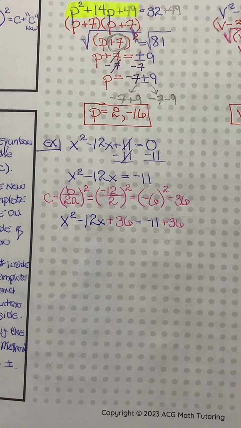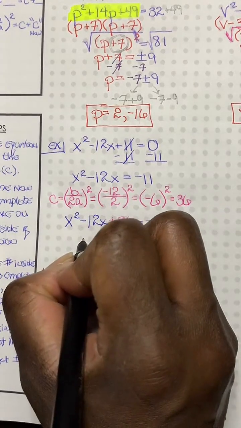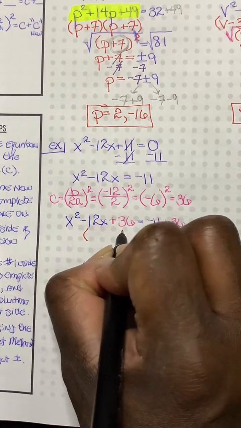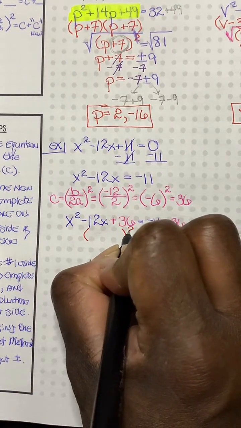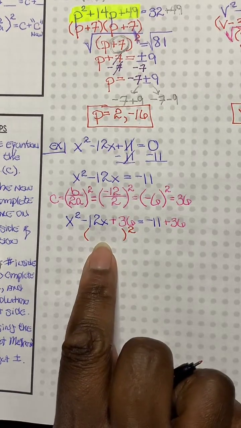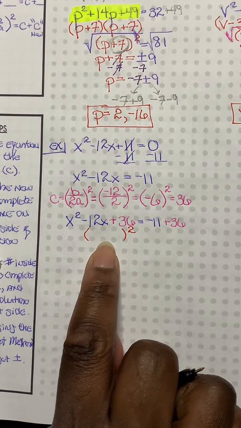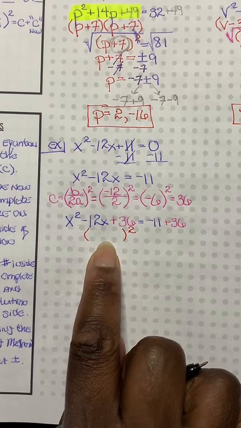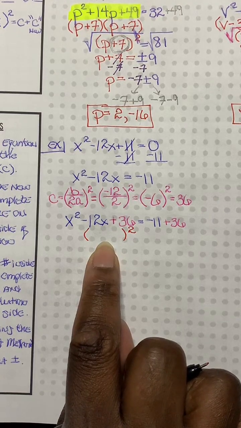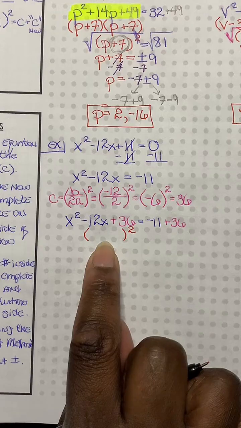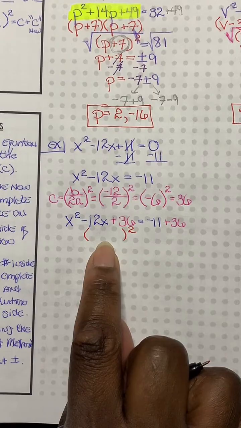If I were to make it into a square, what would go inside of this parenthesis? If you could take a guess, what do you think will go inside the parenthesis? And if you're not sure, question marks are definitely okay.